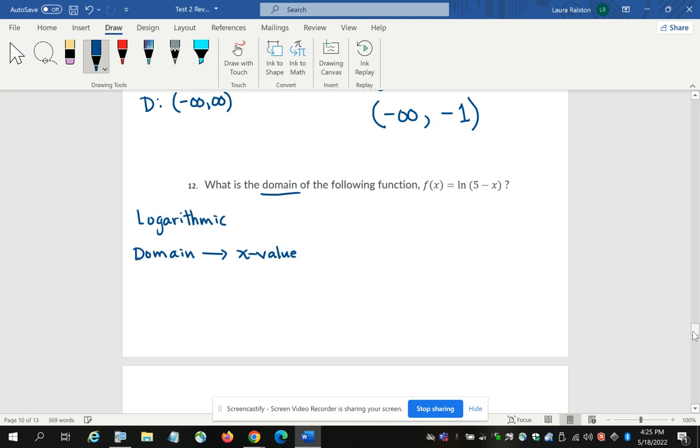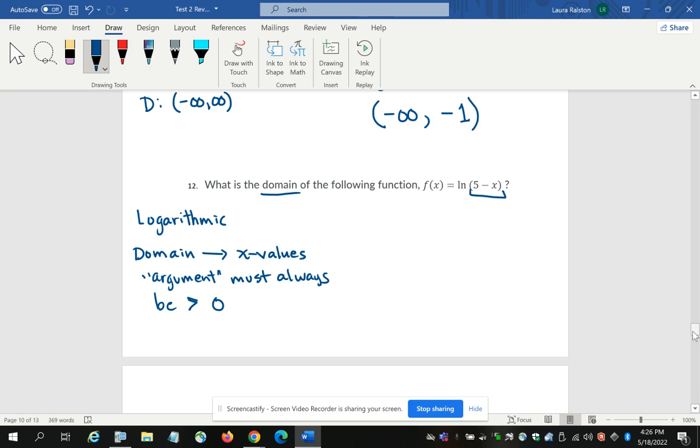So you could also do this by looking at a graph, but for a logarithmic function, the way it is defined, the argument here, the 5 minus x, your argument is what it's called, must always be greater than 0. In other words, it must always be positive, and it cannot be exactly 0.